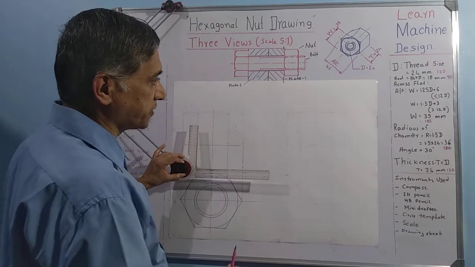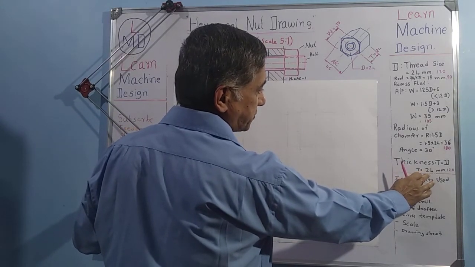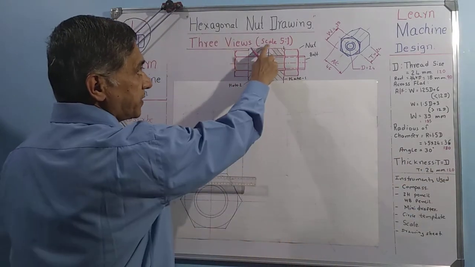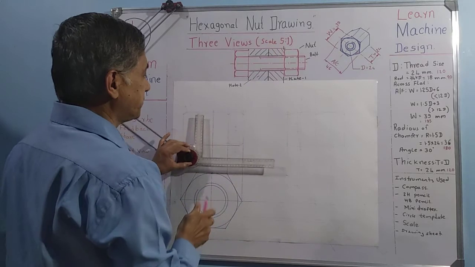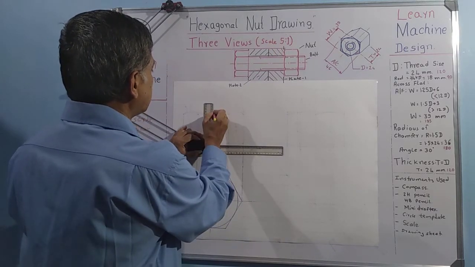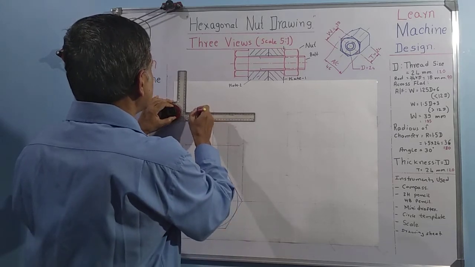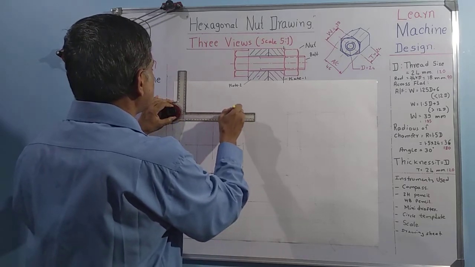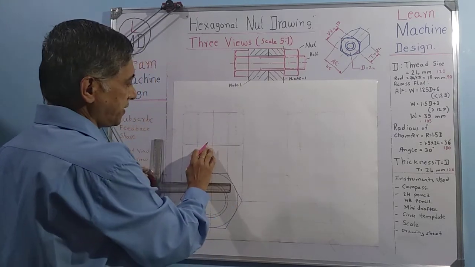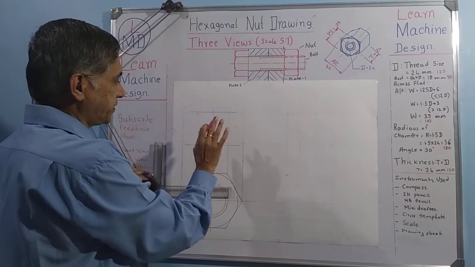For that we have to consider the thickness. The thickness of the nut is 24, but I have to draw 120 here because I have taken 5:1 as my scale. So the bottom line of the nut is ready, the top line of the nut is ready.